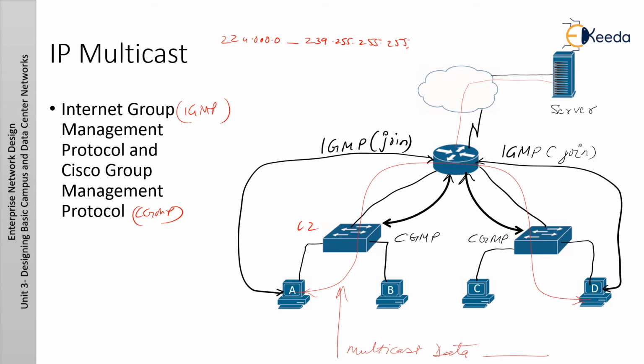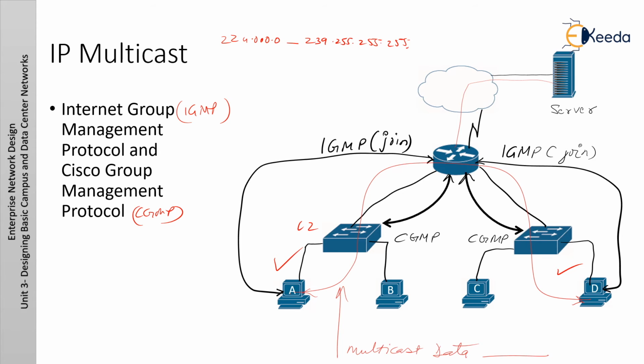Hosts A and D register, using IGMP to join the multicast group to receive data from the server. So this is the server, and from here it is registered using the IGMP protocol. When the router forwards the multicast data to the hosts, the switch ensures that data goes out of only the ports on which hosts A and D are connected.